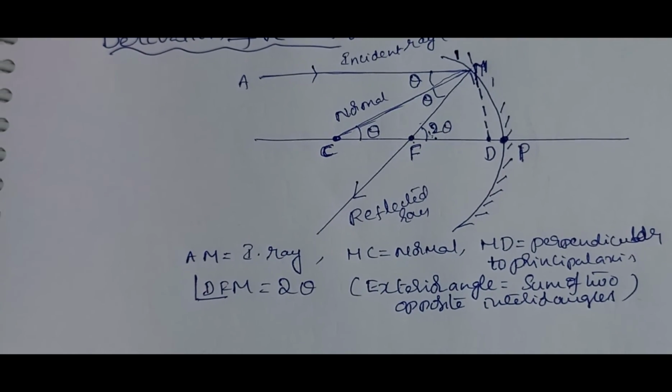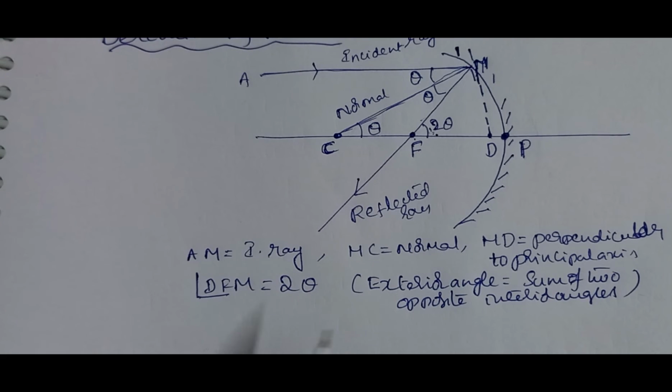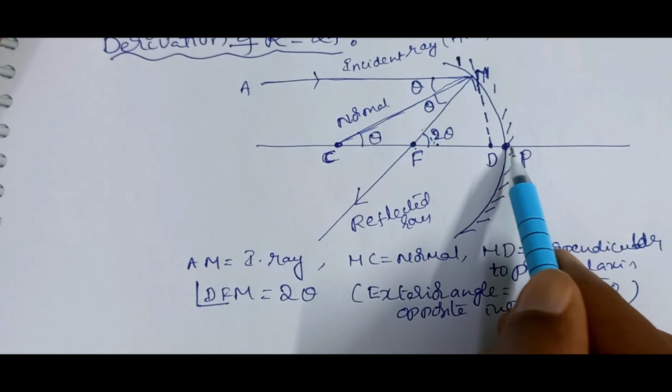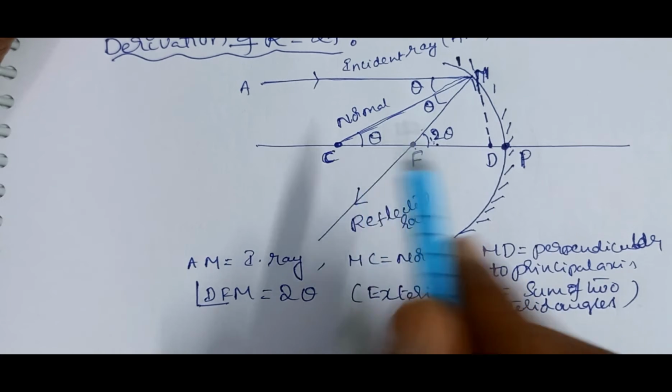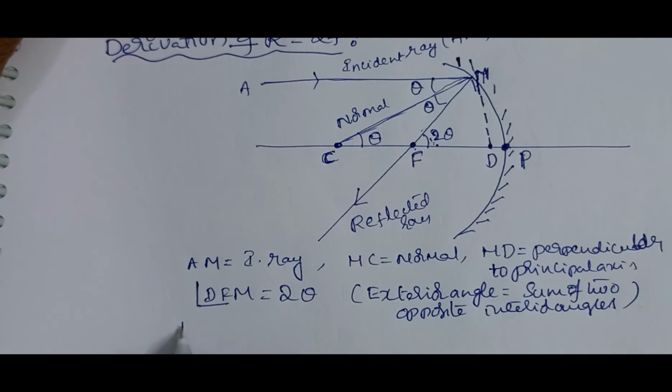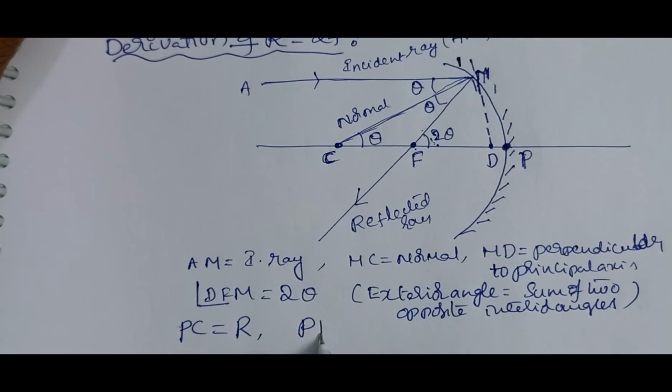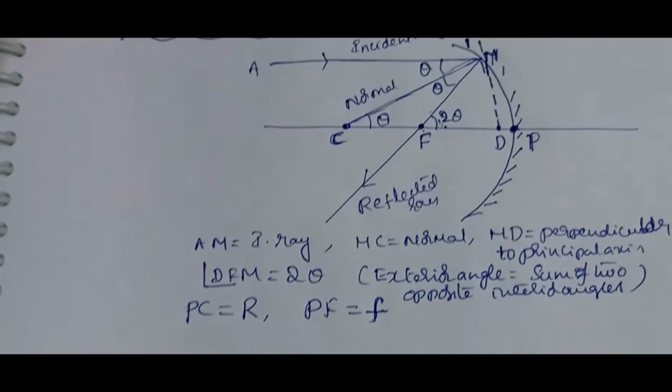So now we want to derive that the radius of curvature is equal to 2 times the focal length. From pole to center of curvature, PC equals the radius. From pole to focus is the focal length, denoted by small f.